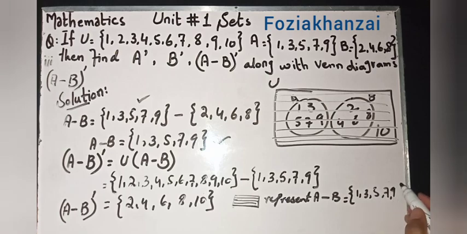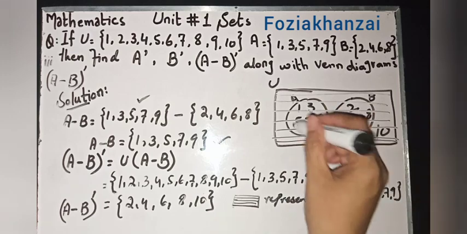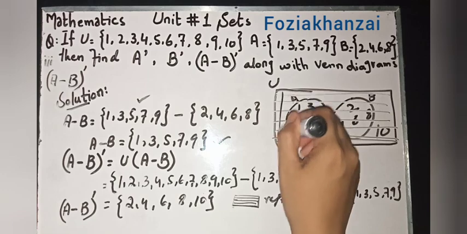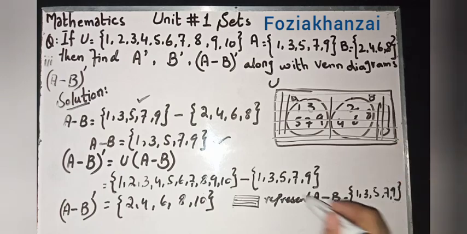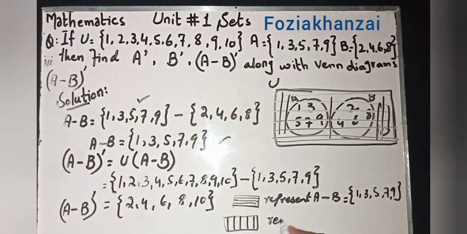Now vertical line, okay. Vertical line represents A difference B whole complement. Answer: 2, 4, 6, 8, 10.